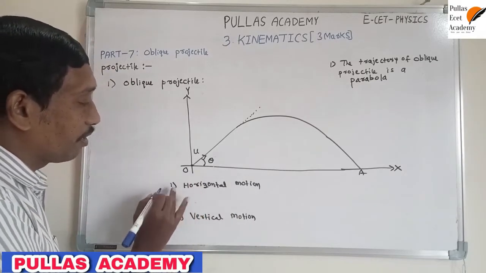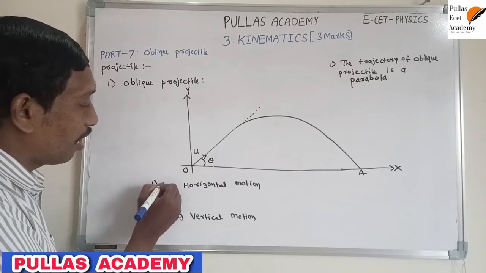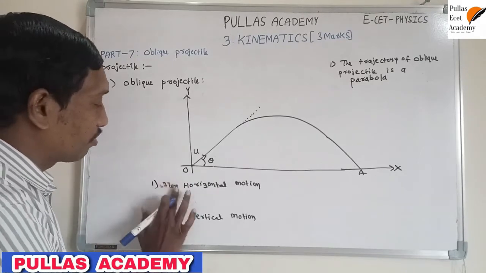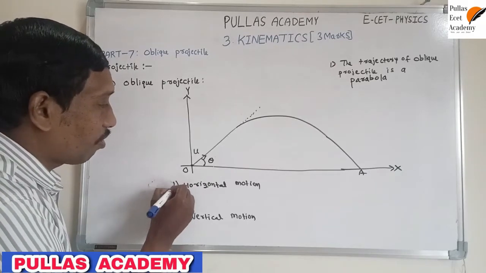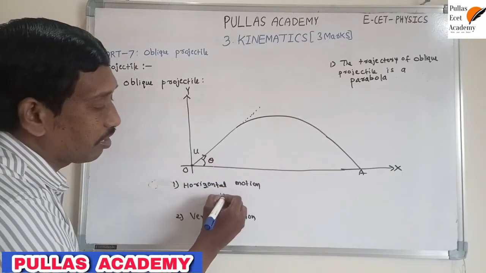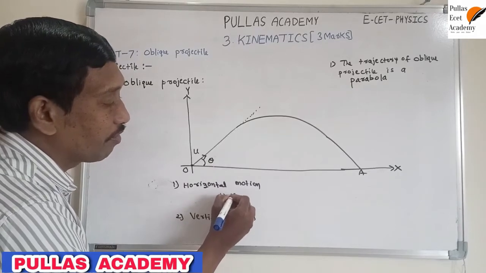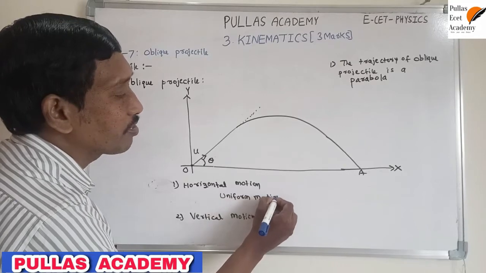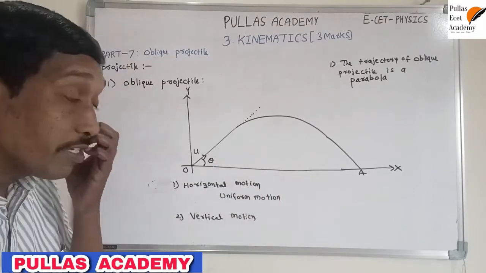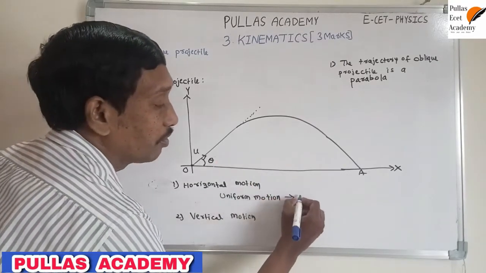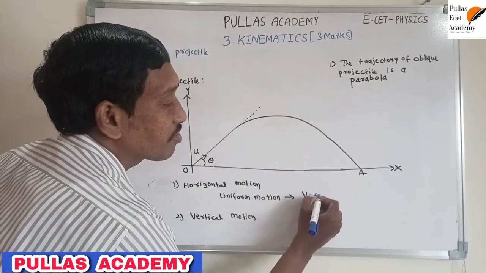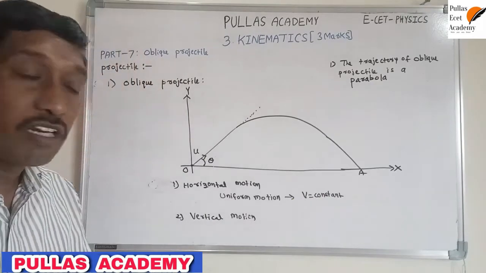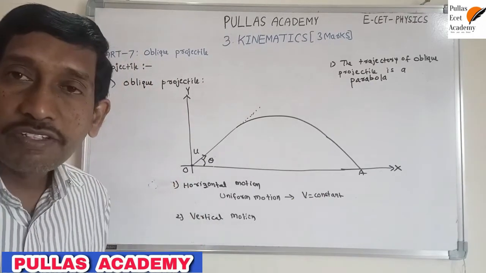Uniform motion means velocity is always constant. In uniform motion, what is constant? Velocity is constant. That means at any point the velocity of this oblique projectile is constant along the horizontal direction.